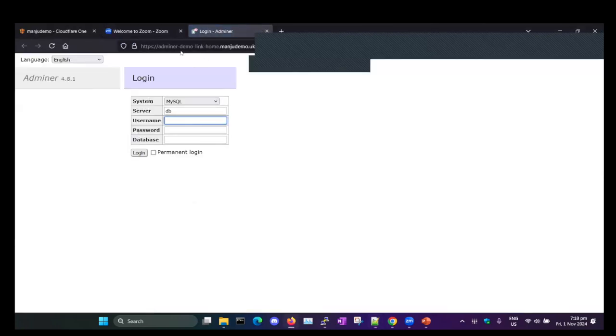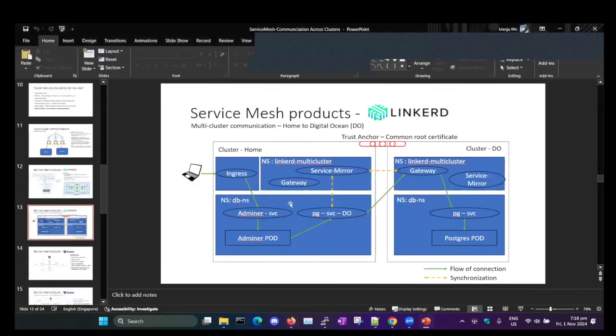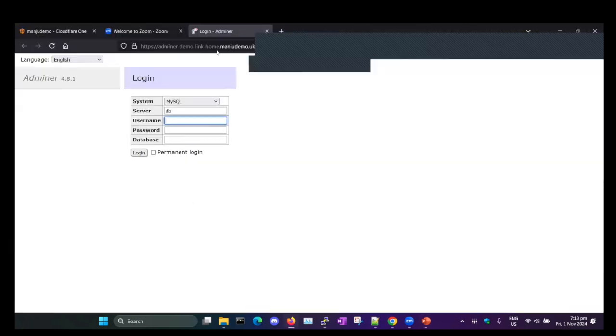If you look at the link here, there's an Adminer component, a demo link for home. What I'm essentially trying to do is this: I have deployed this Adminer in the home cluster. So this is your home cluster and that's a link to it. And I'm now trying to connect to the other one.